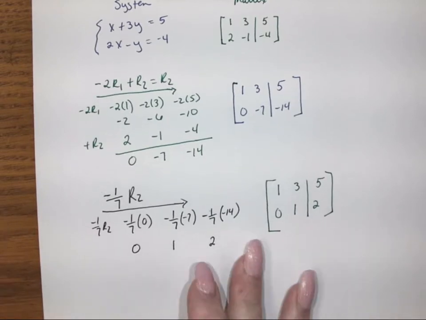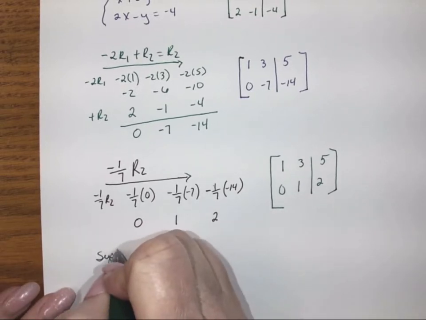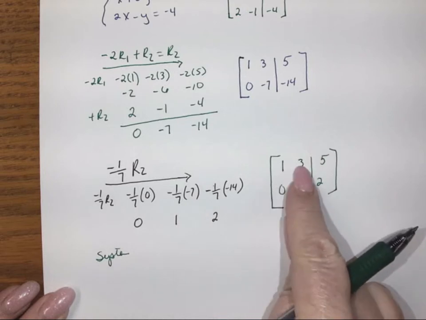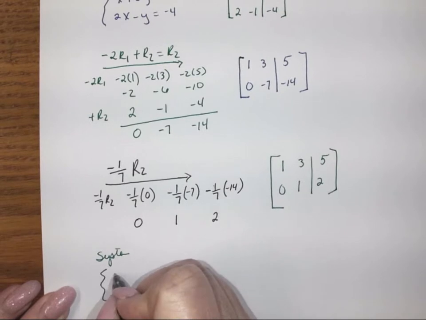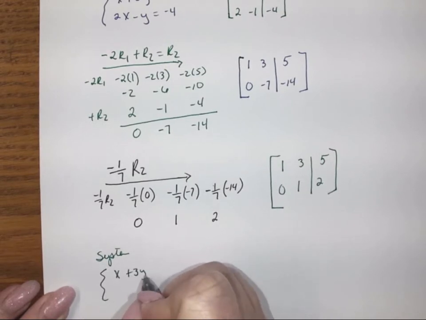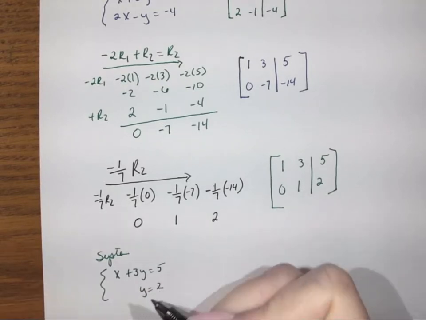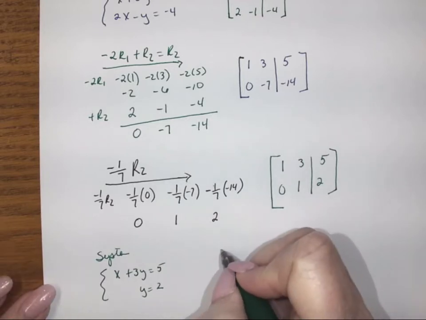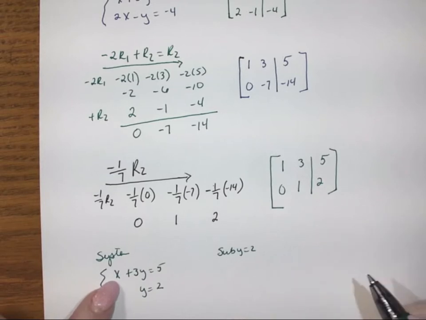So now we've got a matrix. Let's rewrite the system. So our system now looks like this. We have 1x, 3y, and a 5. So this will become x plus 3y equals 5. And then we have y is equal to 2. Well, we know what y is, so let's sub y equals 2 back into our only other equation.